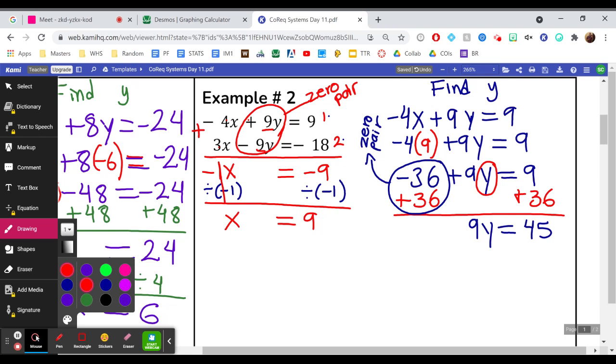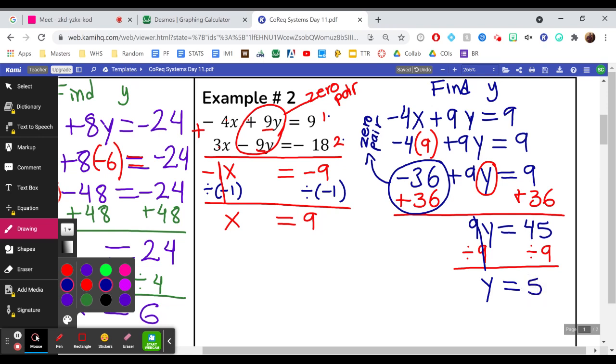And then I still don't have y by itself, so I'm going to divide both sides by 9. The 9 divided by 9 is just 1. And since it's positive 1, I don't need to write it. I just write y. It's equal to 45 divided by 9.